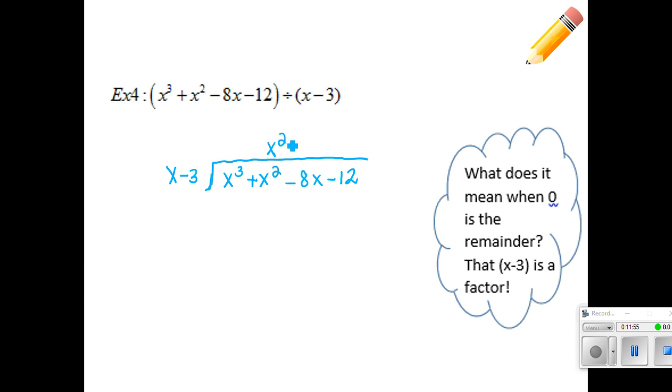That's x squared. Notice how I'm lining them up with what I'm saying. If I said I multiply to get x, then I'd put it over top of the x. So x squared times x is x cubed. X squared times -3 is -3x squared. Draw your line, change your signs.